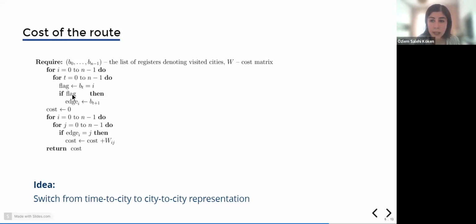And if this flag is set, we have this new variable called edge I, and this is set to BT plus 1. So edge I is recording the city visited after city I here. And once we do this, then we have another loop here. If edge I is equal to j, then this means after city I, city j is visited, and we incorporate the cost wij inside our cost. And this is how we compute the cost of the route.